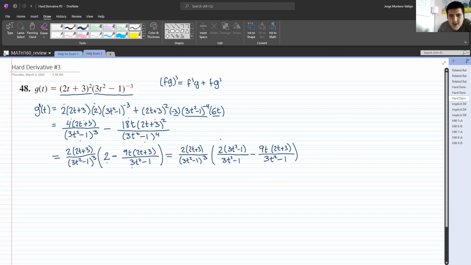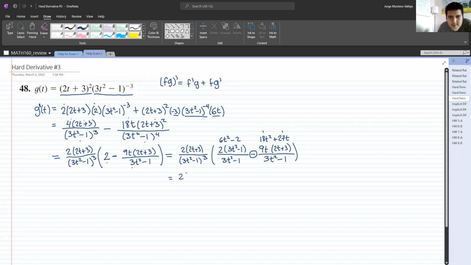Let's see what I get though. I get here 6t squared and then minus 2. And over here I get 18t squared and then plus 27t. Right? Now, I have a negative sign here, so I need to be careful with that. That negative will be distributed on this one and on this one.